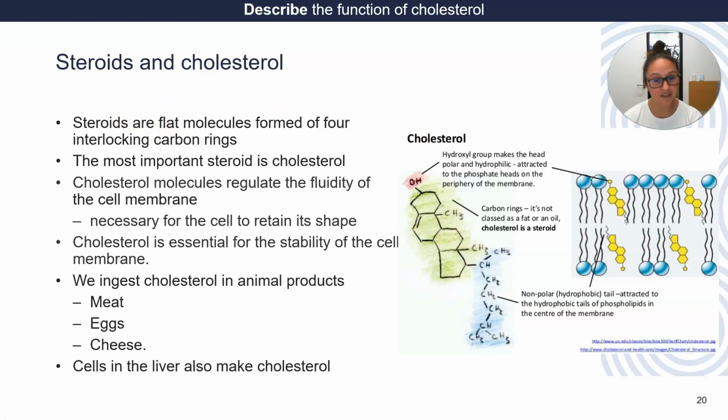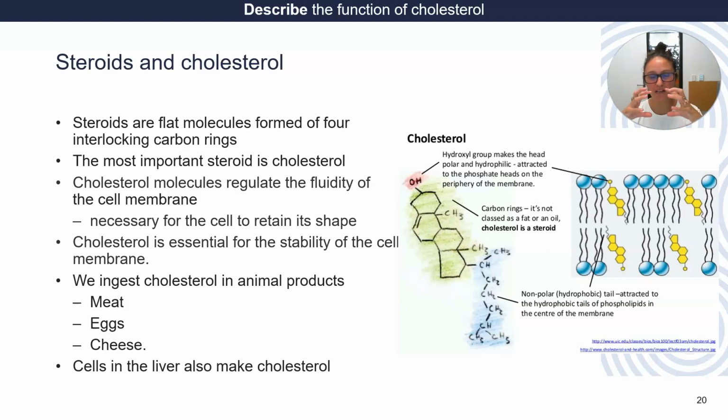The reason a little bit of cholesterol is good is because here is our plasma membrane. Can you see how there's little bits of cholesterol in there? So cholesterol keeps our plasma membrane kind of stable. So that's why we need cholesterol.